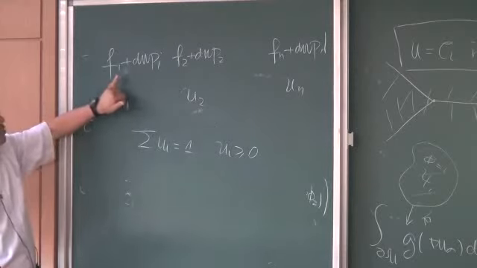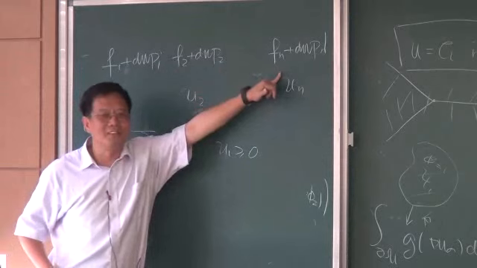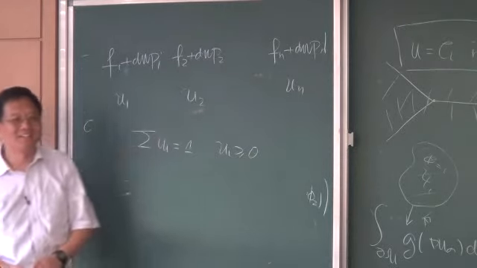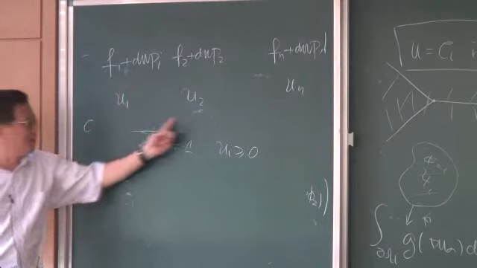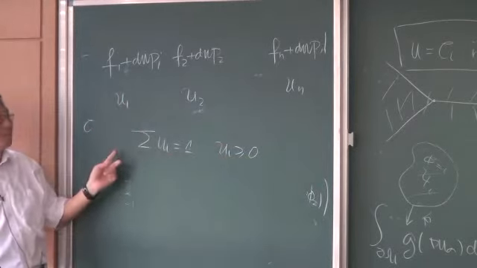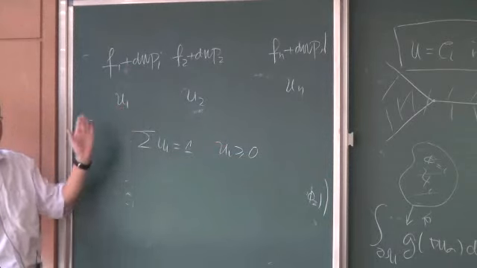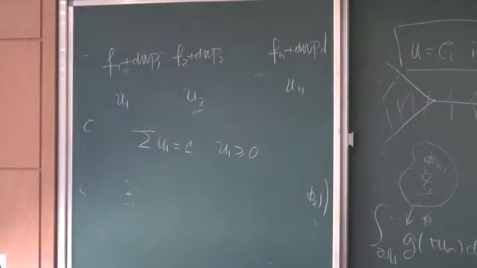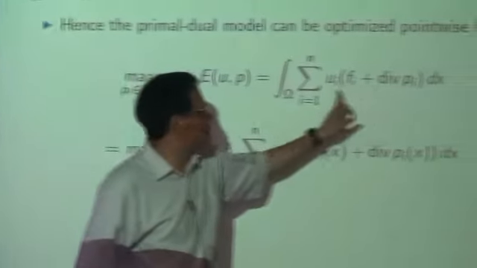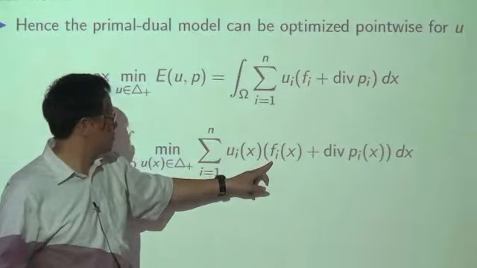The minimizer is unique: you must put U1 equal to 1 here, and everything else is 0, right? Correct? So if one of them is smallest, you minimize with this one, and you must put that U as 1, the rest as 0. So here you have an explicit formula. For the U_i whose term is smallest, that U_i must equal 1, and the rest must equal 0.